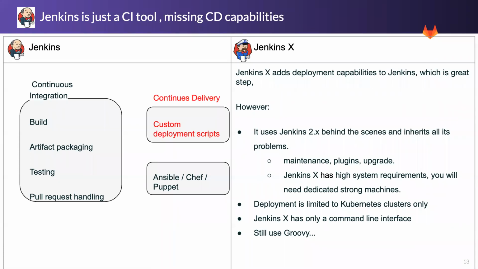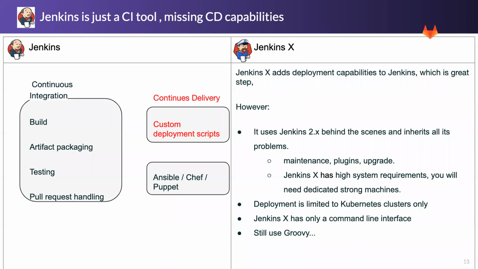Now I want to mention a little bit about Jenkins X. Jenkins X is a new technology from Jenkins that is trying to solve some of these issues. Mainly, Jenkins X brings the CD capability. So with Jenkins X you can do CI/CD, which is a really great step for modern development of cloud native applications.